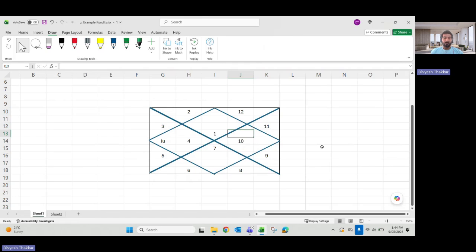So Jupiter has three aspects: fifth, seventh, and ninth, and we always look at it from where it's placed and then go counterclockwise. So if it's placed in the fourth house, let's go counterclockwise. That's the first, second, third, fourth, fifth. So that's the fifth aspect. Sixth and seventh, that's the seventh aspect.